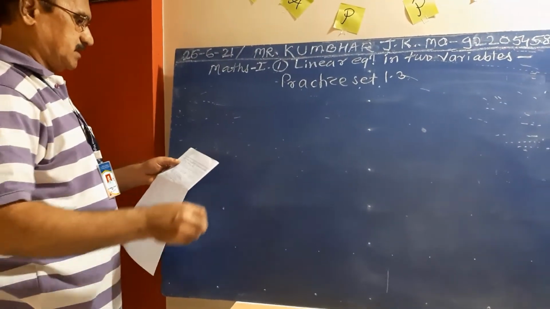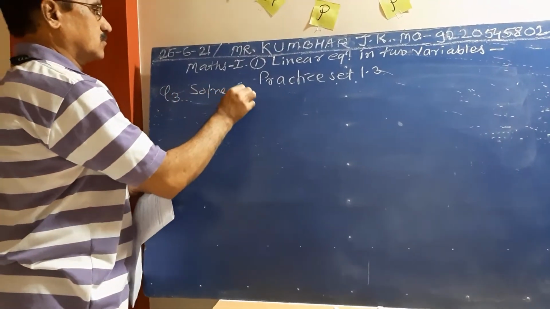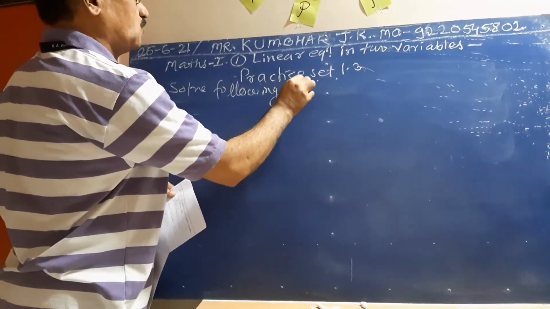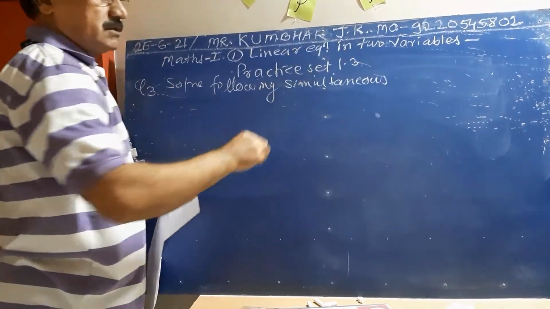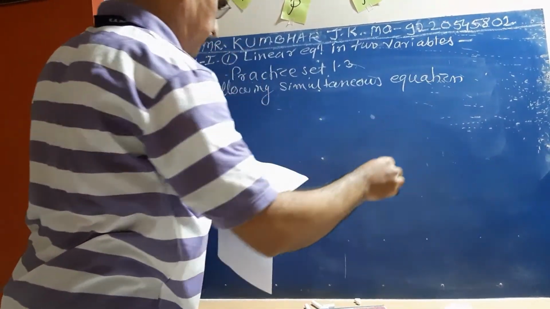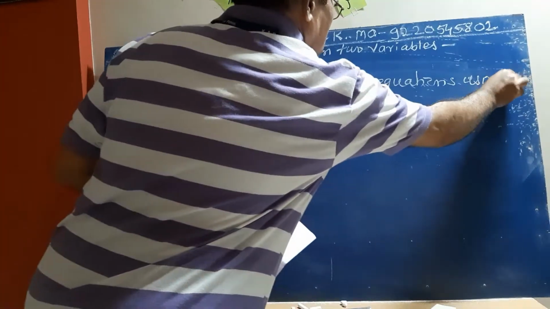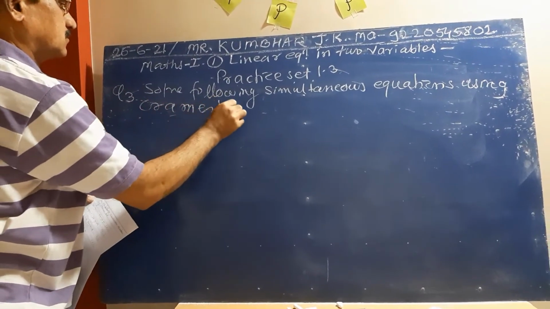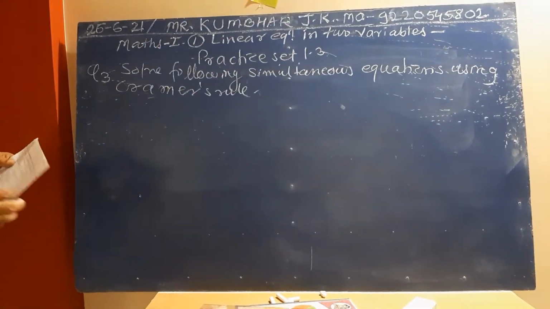Solve the following simultaneous equations using Cramer's rule, which means by the determinant method or by using Cramer's rule.